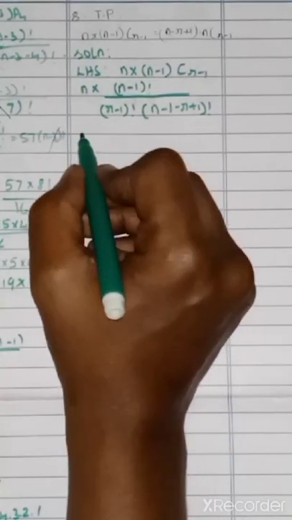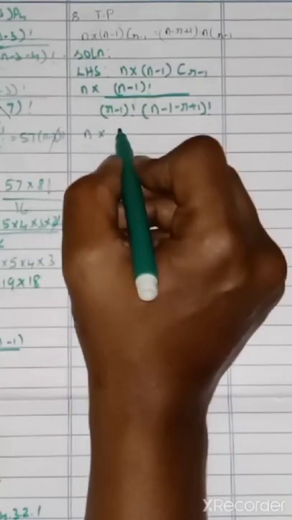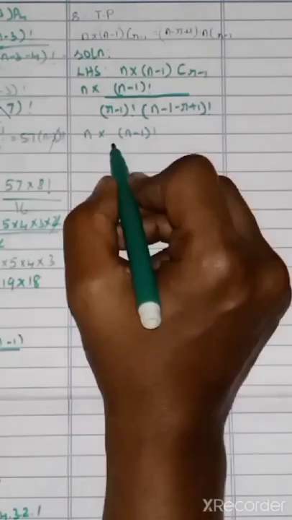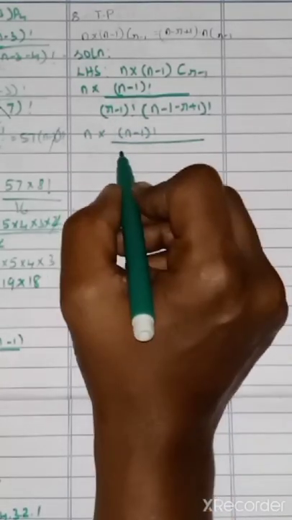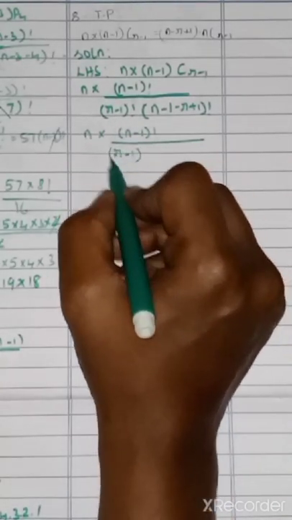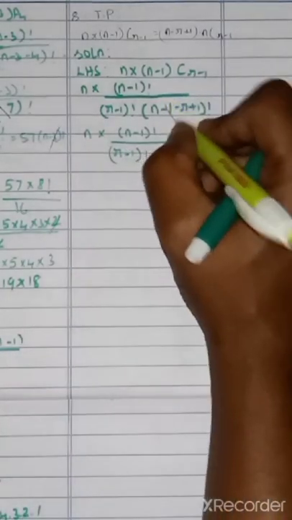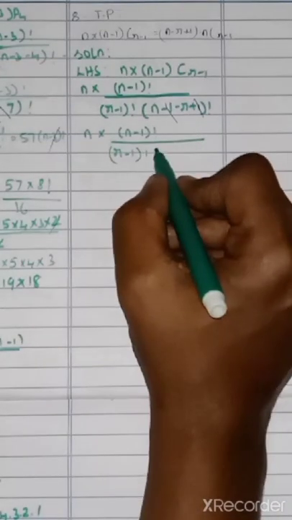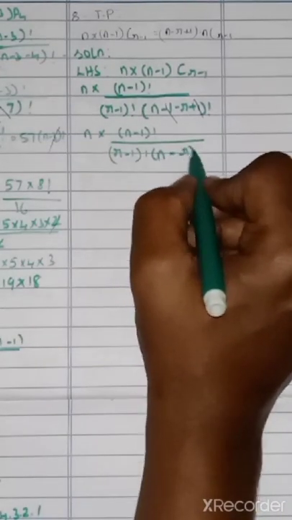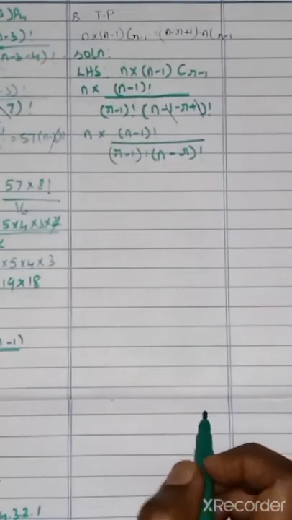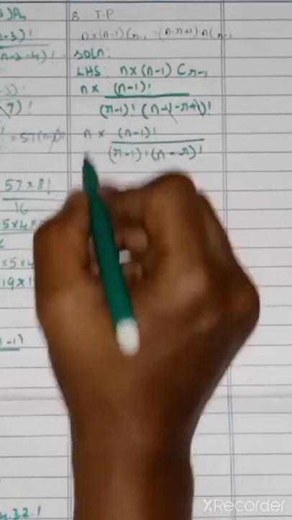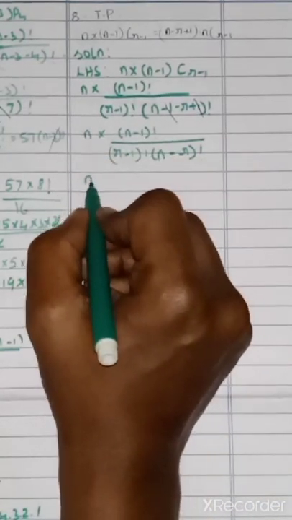The minus 1 and plus 1 will get cancelled, so you will get (n minus r) factorial. Correct?